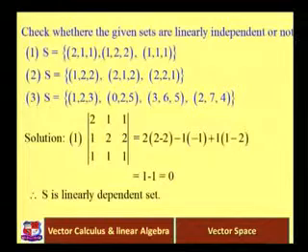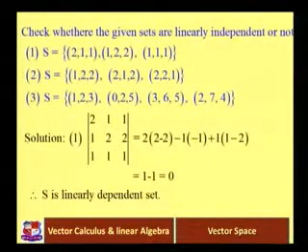Check whether the given sets are linearly independent or not. First, there are 3 examples you can see on the screen. Now first example: 2 1 1, 1 2 2 and 1 1 1. All the vectors are from R3, and S contains exactly 3 vectors. Okay.